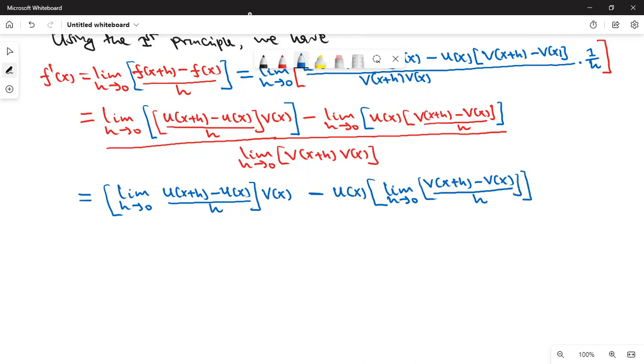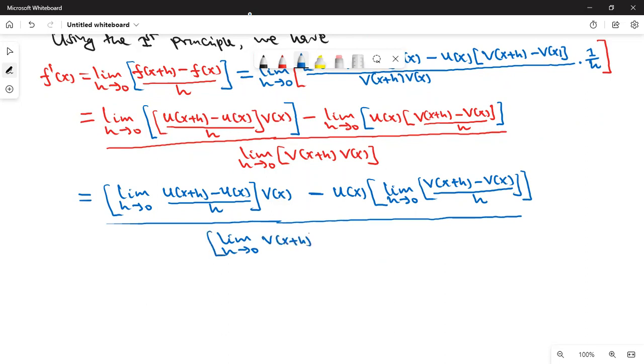And then our denominator should be the limit as h approaches 0 of v of x plus h, then times v of x.